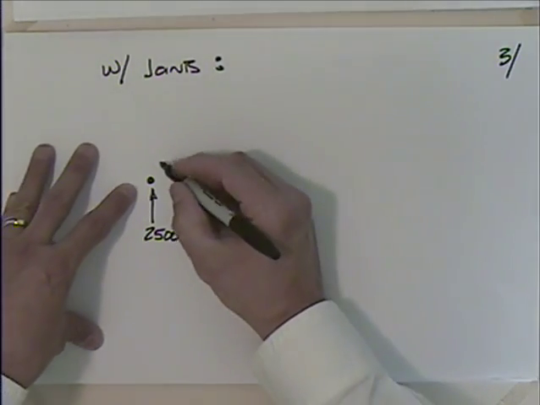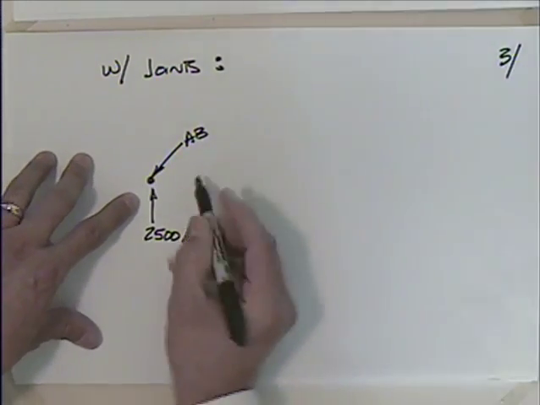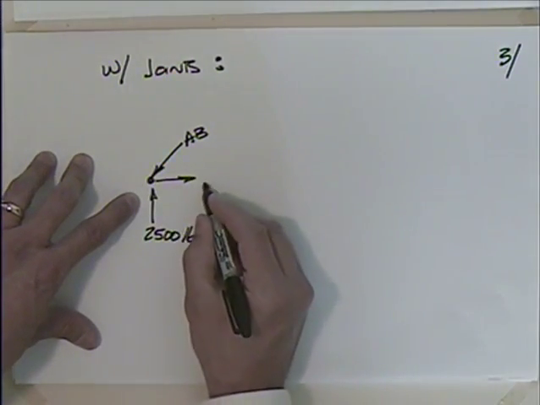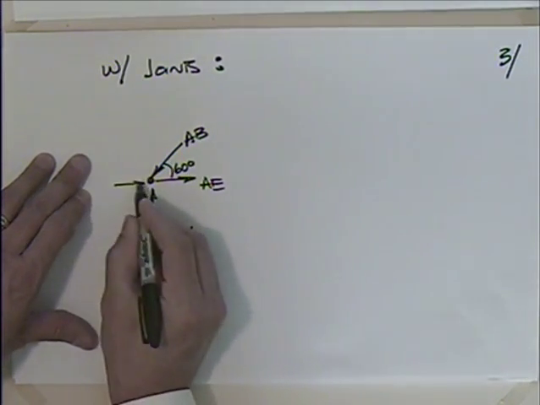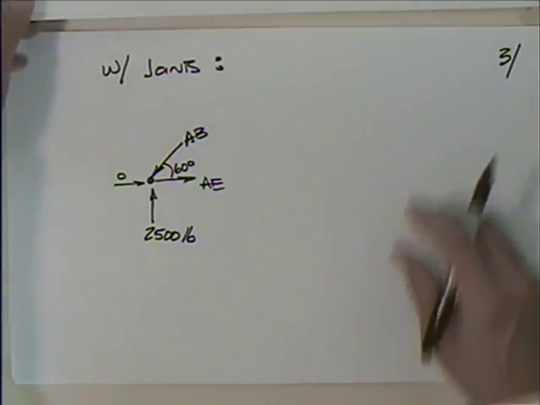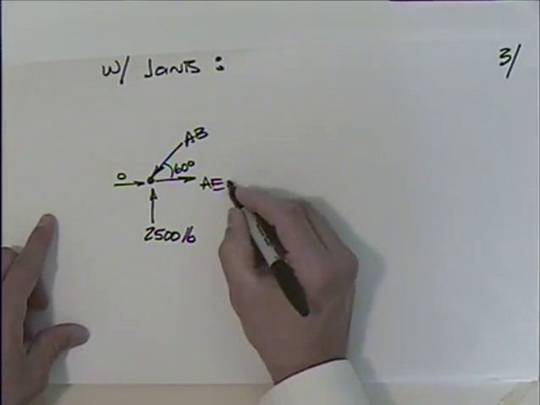And then I would have had AB, probably in compression. And then AE, this is what, 60 degrees. This is 0, right? Is that what we had going at A? Yeah, 0, those two. So we would have got AE with that.